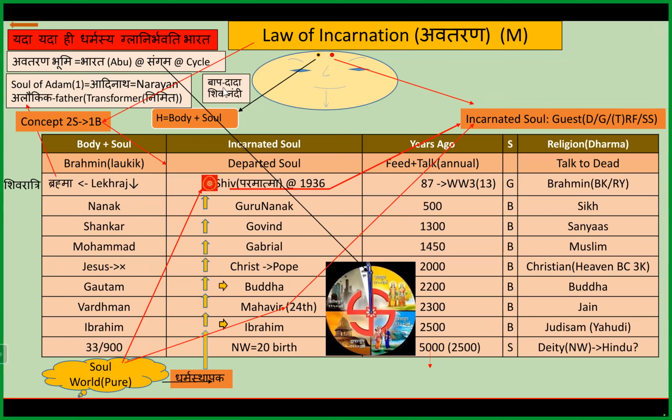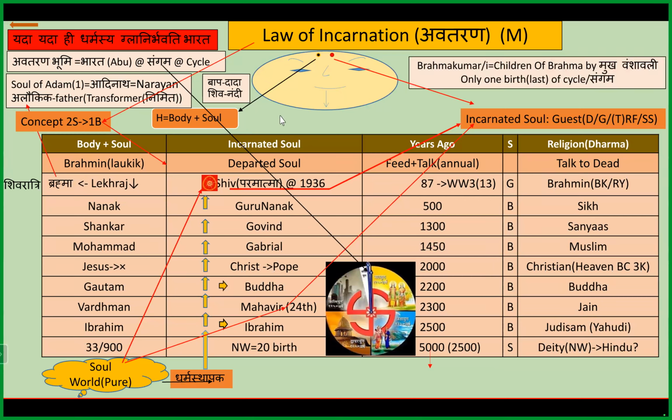So there is a nimit, which is why there are temples of Shiva and Nandi. Shiva is the incarnate soul, or the guest, whereas Nandi is the body of Brahma, also called Bap Dada. Bap is the father, and Dada is the elder brother. And those are the Brahma Kumars and Kumaris, the children of Brahma by Mukhvanshavali.